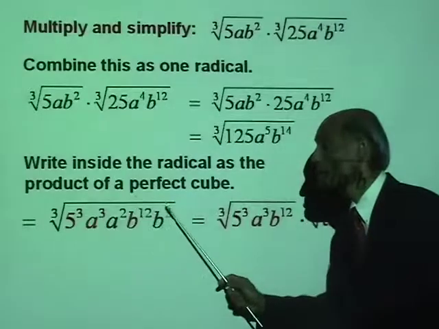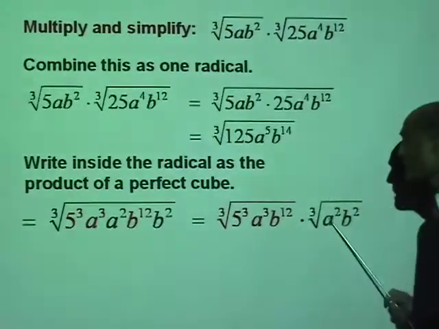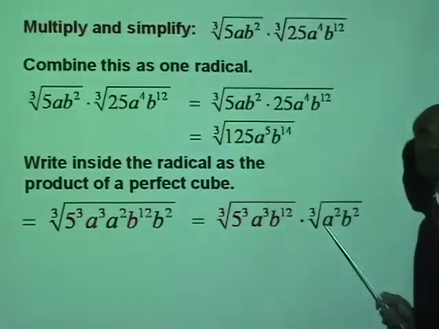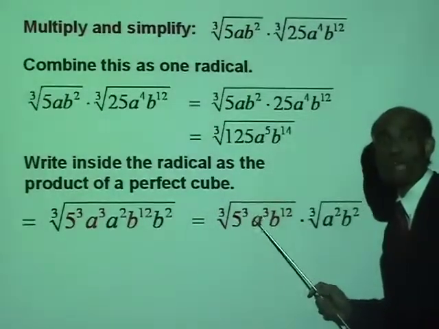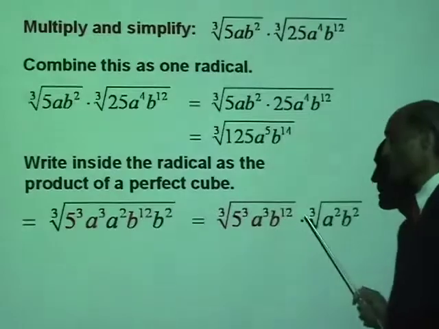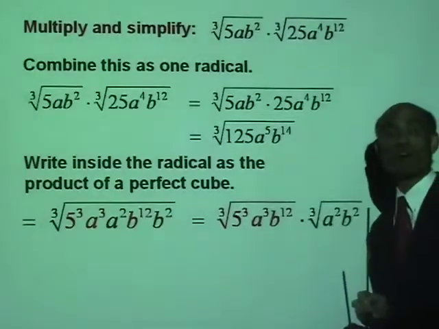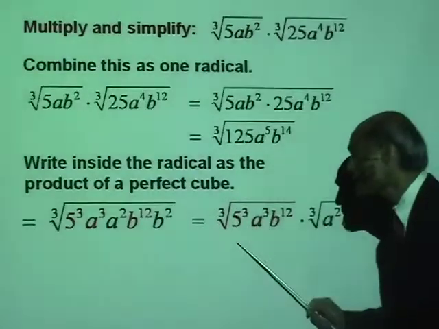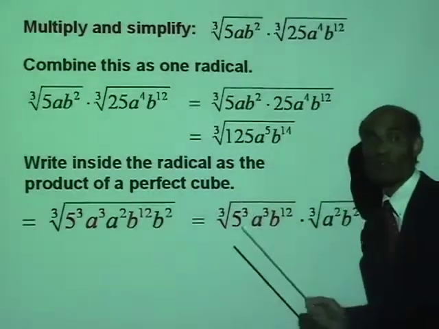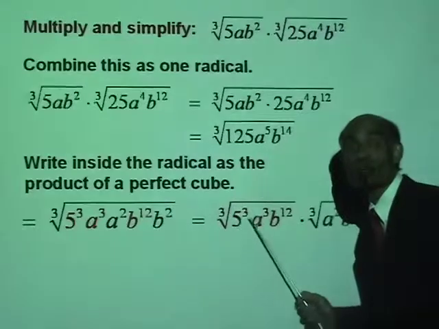A squared, b squared. That will stay in another radical. Alright? So that is cube root of 5 cube, a cube, b to the power of 12 times cube root of a squared, b squared. Can you help me simplify this? The cube root of the perfect cubes.